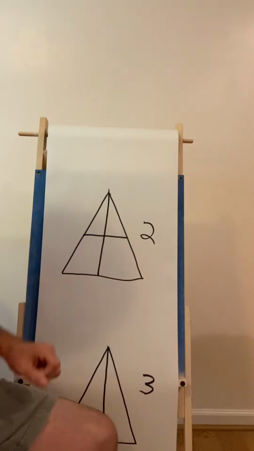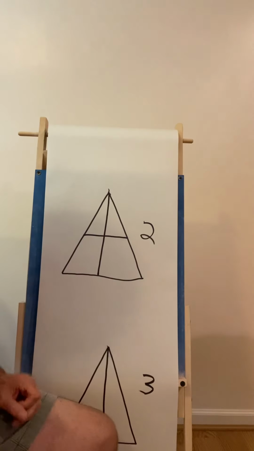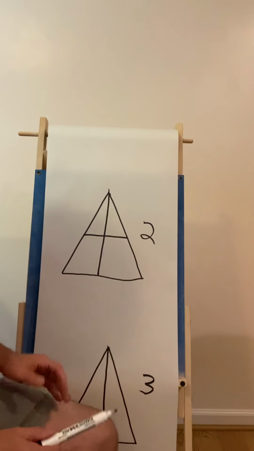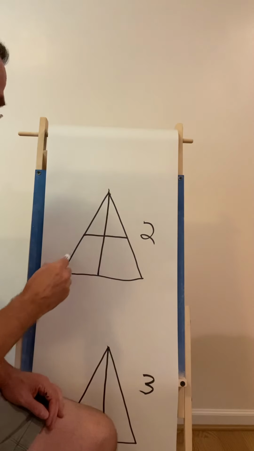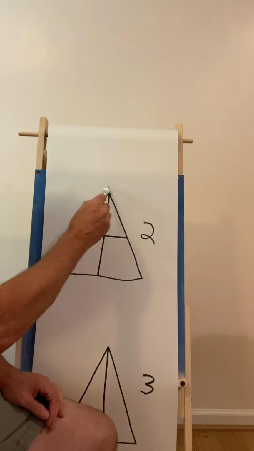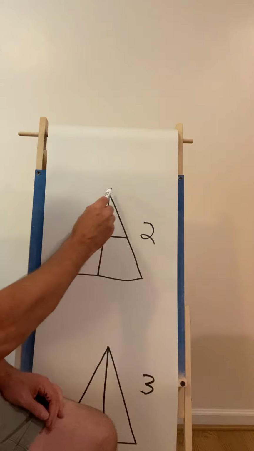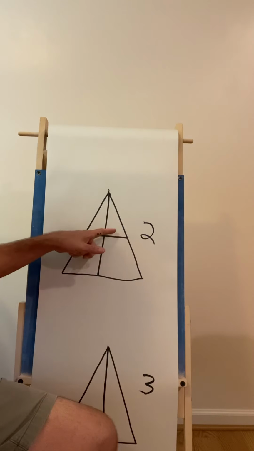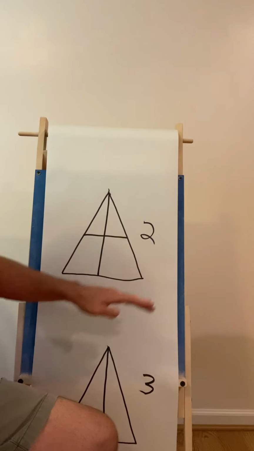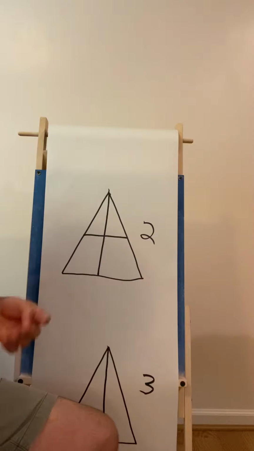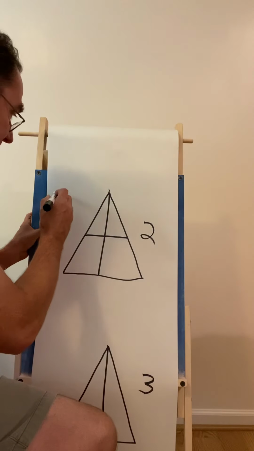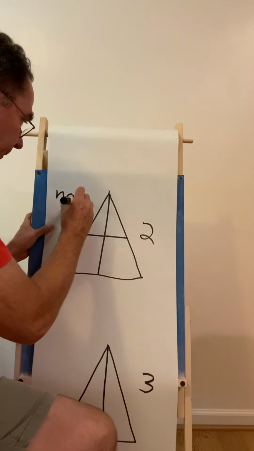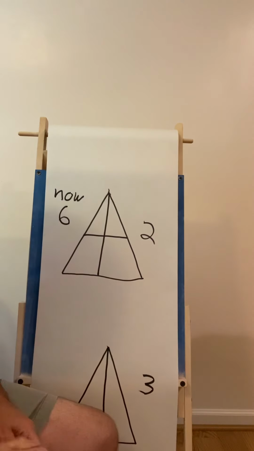So there's 3. But each of those 3 triangles are inside a bigger triangle. So there's the whole entire triangle. There's the big one on the left, and then there's the big one on the right. So there's 3 on top, and those 3 can each be extended downward. So 3 plus 3 makes a total of now 6 triangles in that picture.